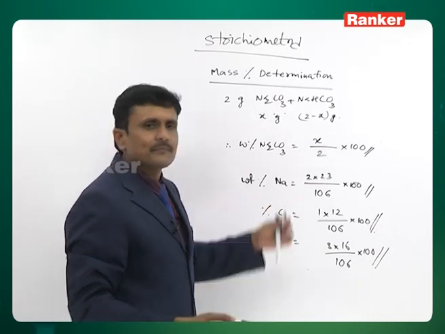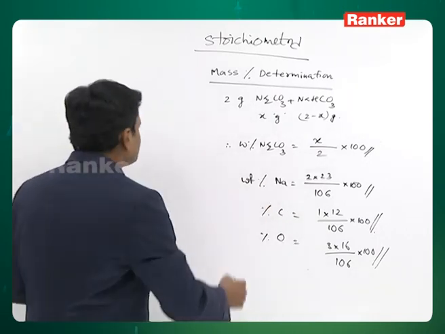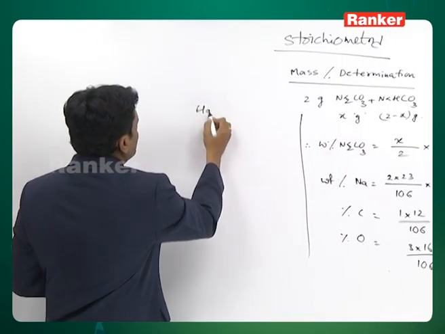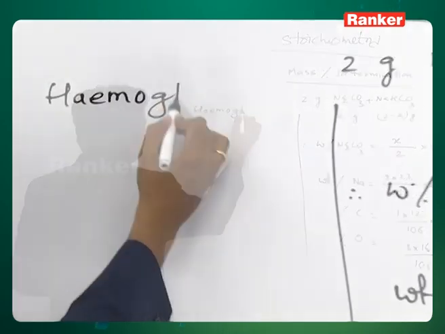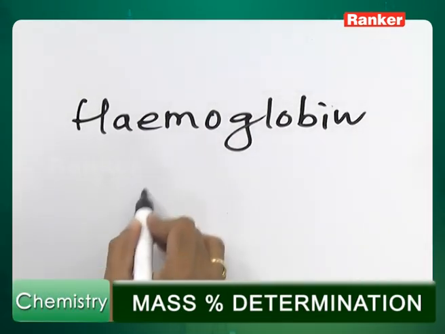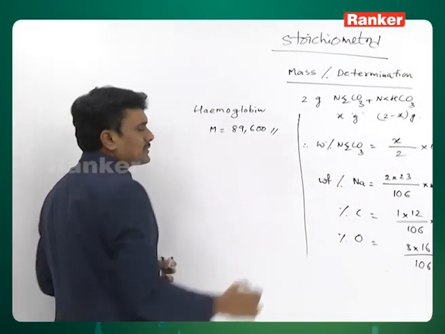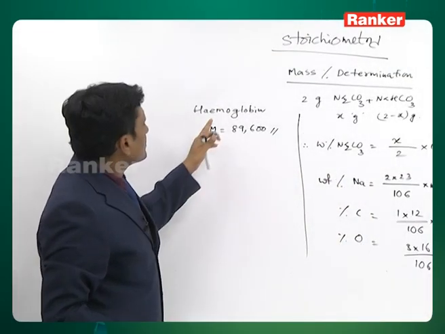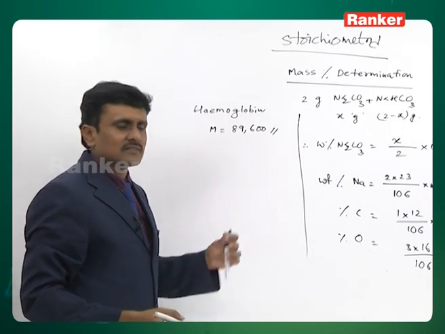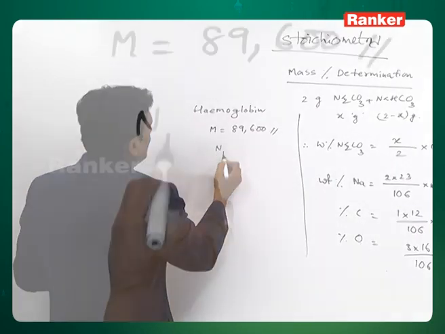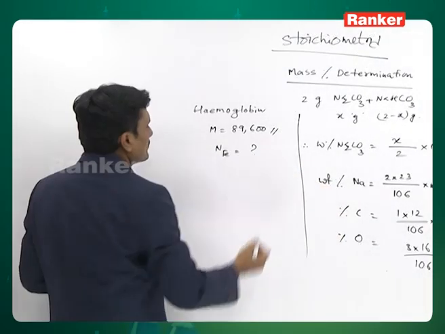Now this is one way. For example, if you take hemoglobin, its molar mass is, suppose, 89,600 gram per mole. The molar mass of hemoglobin is given as 89,600 gram per mole, and you have been asked to find the number of iron atoms present per hemoglobin.